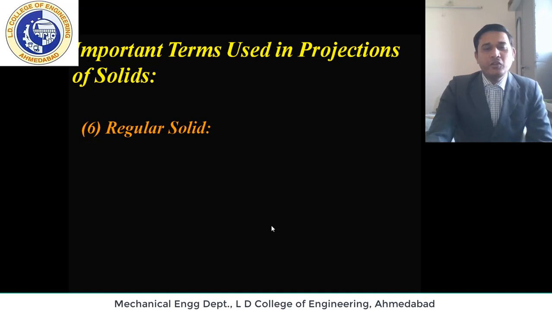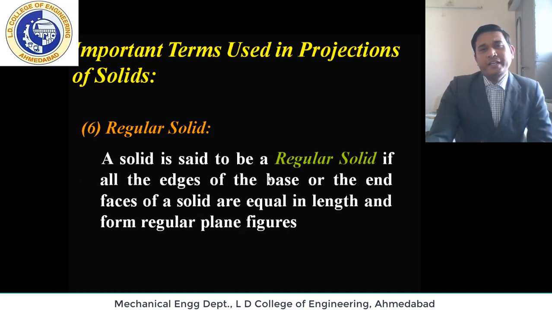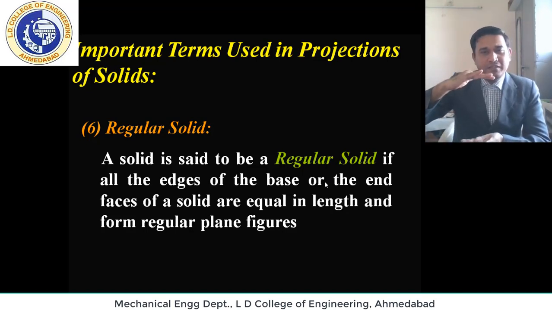And the third one is the regular solid. A regular solid means a solid in which all the edges of the base or end faces are equal.